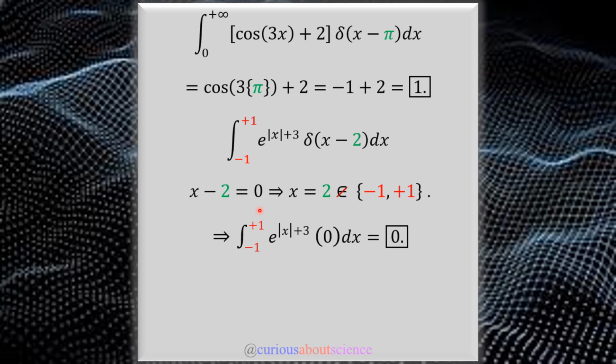So if we push it over, we see that the function is centered at x equals 2. That's easy, but realize here that 2 is not in the bounds of the integration limits. It's not between -1 and 1. So this tells us that the delta function is outside of where we're integrating, and that means that it is equal to 0, and so we take the integral, multiply it by 0, and we end up with 0, all because that delta function is shifted elsewhere.